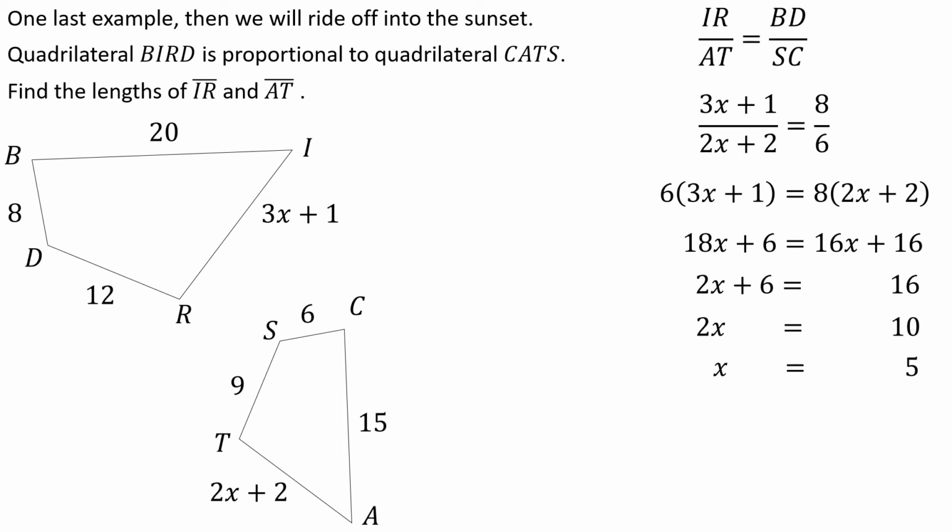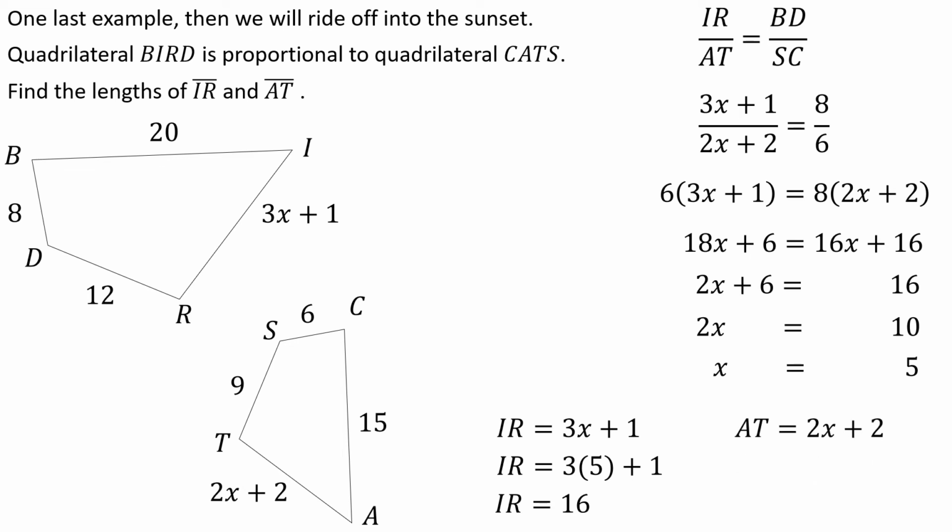I'm done. Oh, wait, I'm not done. It didn't say find x. It said find the lengths of those sides. Take that 5 and plug it in. And so now we actually have those answers.